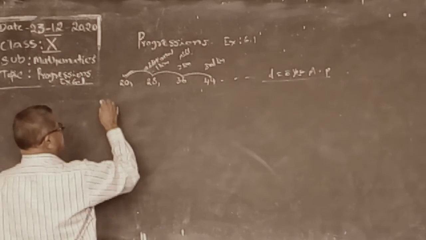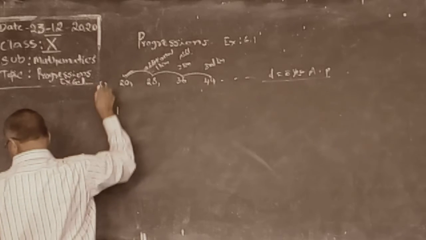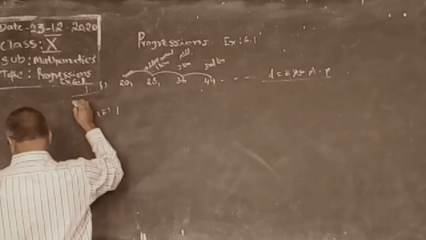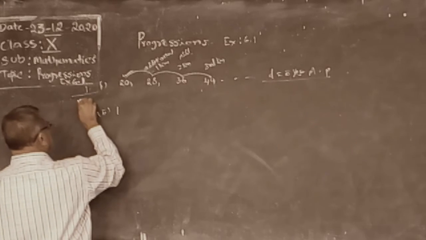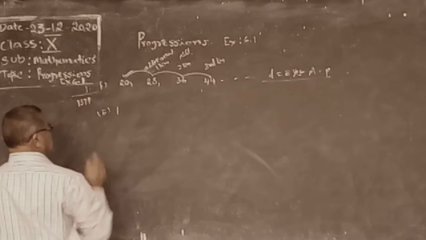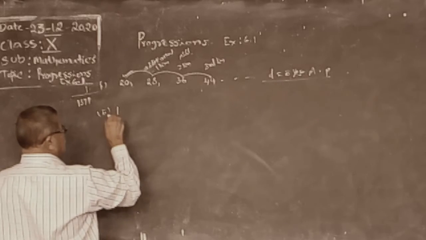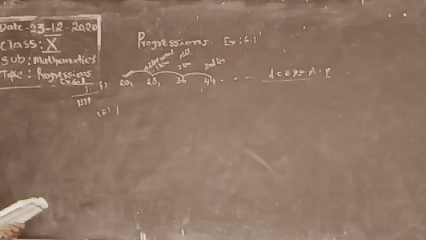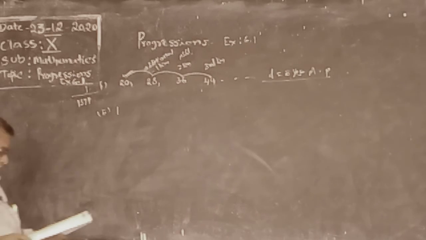Next, the amount of air present in a cylinder, part 2. This is the second part. Page number 137. There is air in the cylinder. A vacuum pump is used to remove the air.